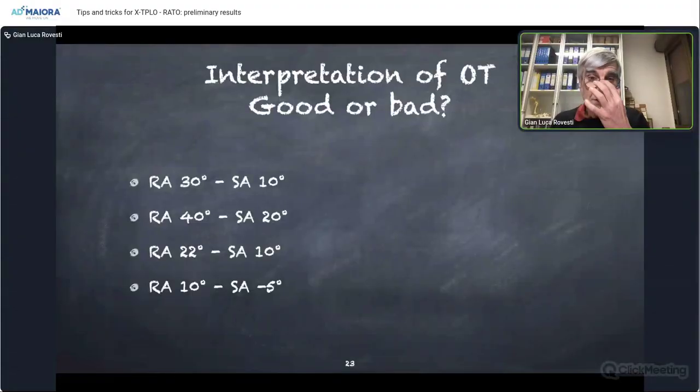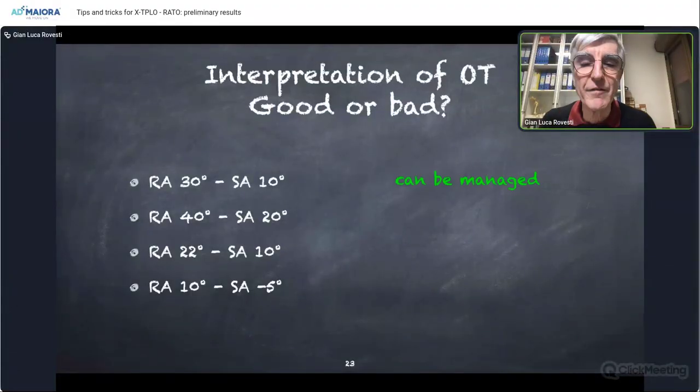With interpretation of the Ortolani test, good or bad, if we have a 30 degrees reduction angle and 10 degrees subluxation angle, we have a high laxity, but a good enough status of the dorsal border of the acetabulum, and it can be managed like this, okay?